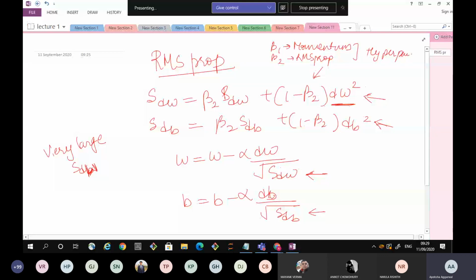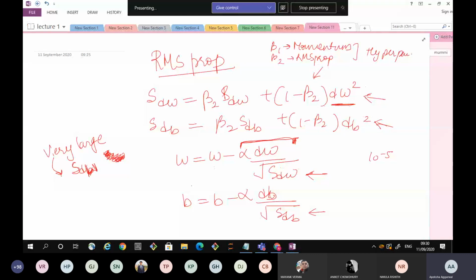If SdW is very large, what will happen? This whole term would be extremely small, so the weights would almost remain the same. If the whole term is, let's say, 10 to the power minus 5, and I am subtracting that from the weight, it's almost the same. So there is no point of updating the weights.